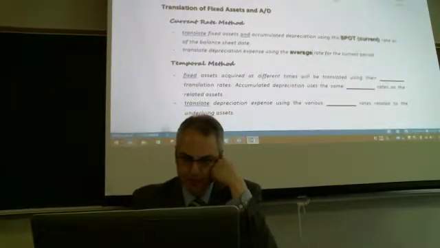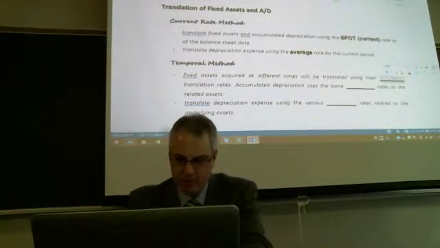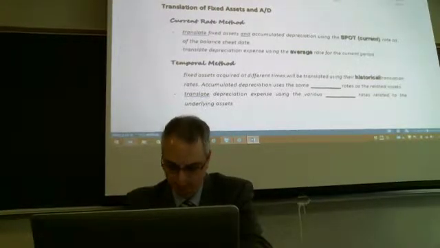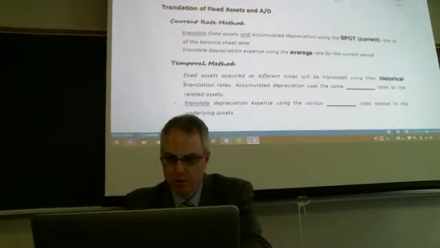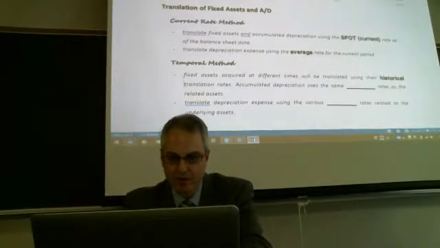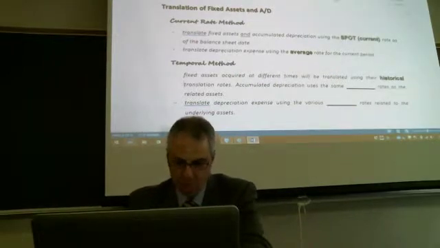In the temporal method, the fixed assets are acquired at different times and will be translated using the historical translation rates. Accumulated depreciation uses the same historical rate as the related assets.